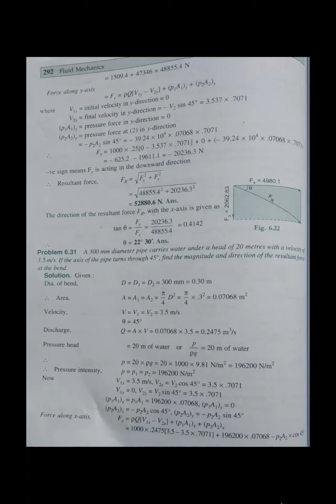We know tan theta equal to Fy by Fx, or by drawing a figure, the direction of the resultant force Fr, horizontal force Fx and vertical force Fy, you can write tan theta equal to Fy by Fx. In that way, you can visualize the direction of the resultant force. Okay, we will discuss later.